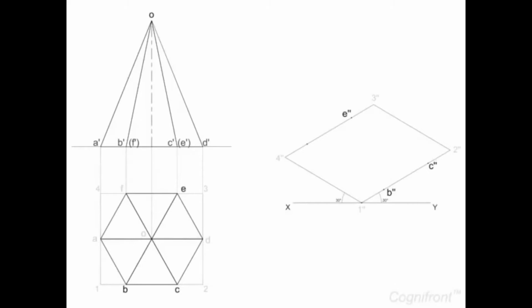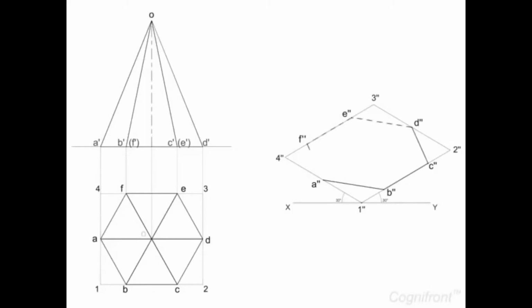After that, locate points B'', C'', E'', F'' by measuring the lengths of the sides of the hexagon. Now, locate point A'' and D'' as the midpoint of the side 1''4'' and 2''3'' respectively.